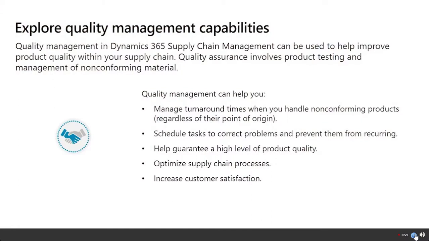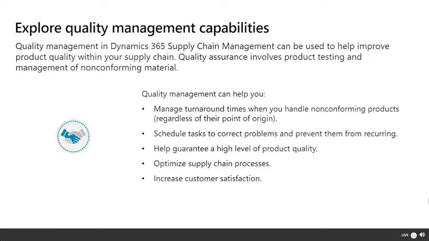So inside of the manufacturing industry, you're going to hear the term QA, or quality assurance. Quality assurance involves the product testing and basically how you manage non-conforming material. A non-conformance is any type of problem with that product. Now, the quality assurance process can help guarantee a high level of product quality inside of your supply chain.